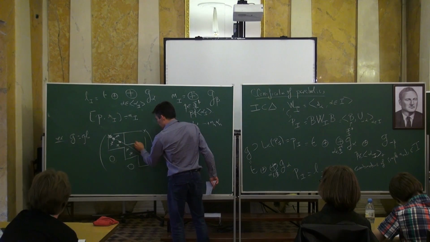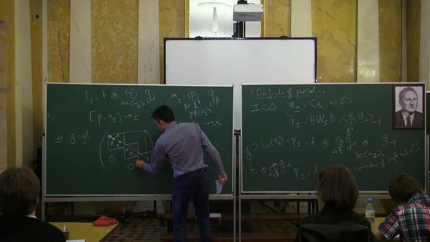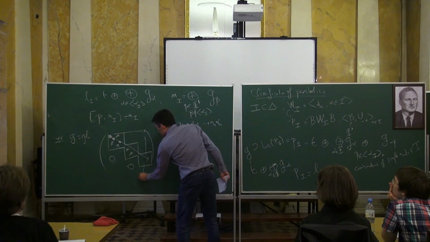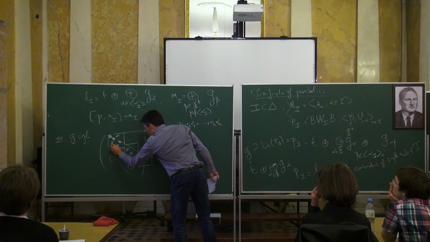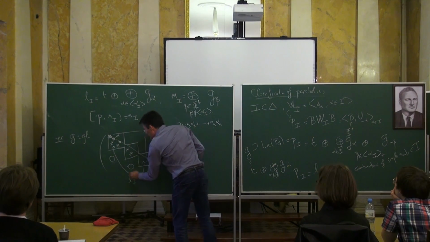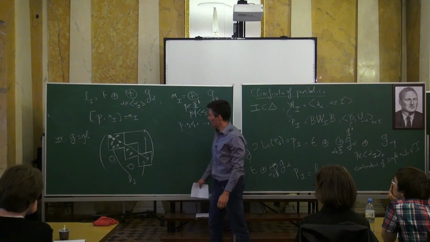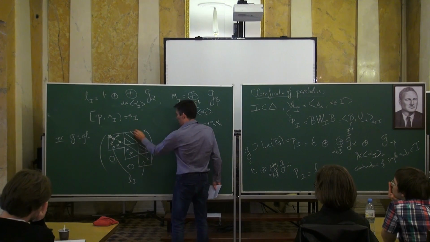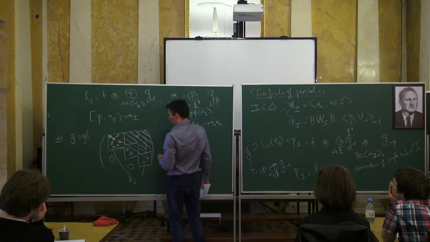So this generates this subalgebra. Okay, so Li is the sum of these diagonal blocks, and Ni corresponds to what remains over the block diagonal.